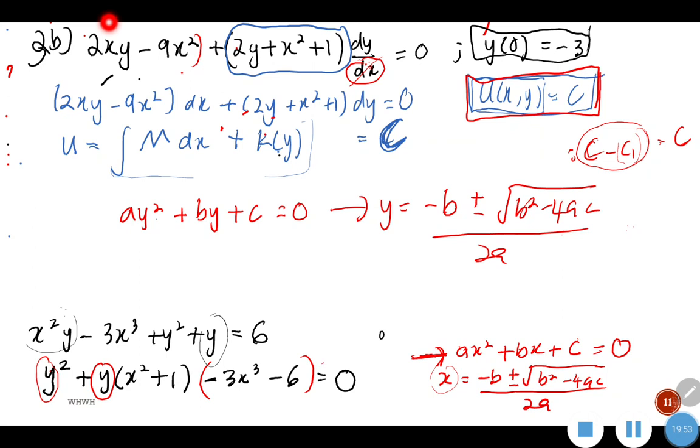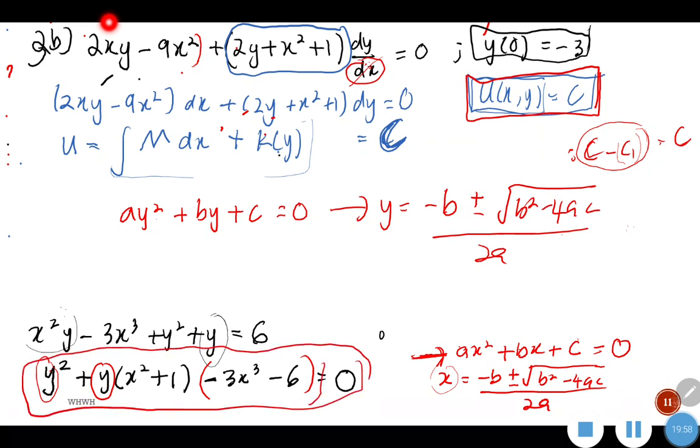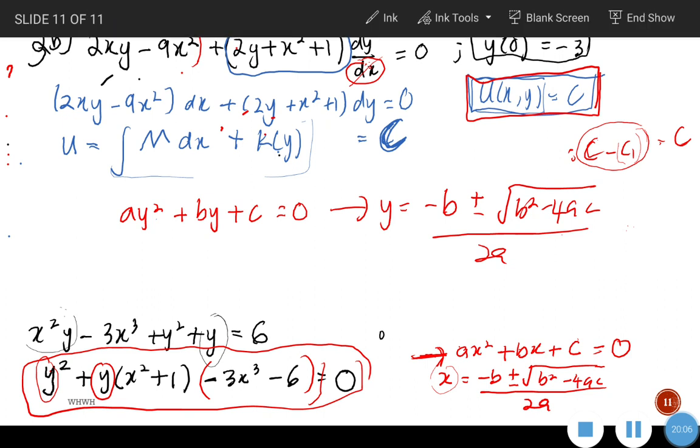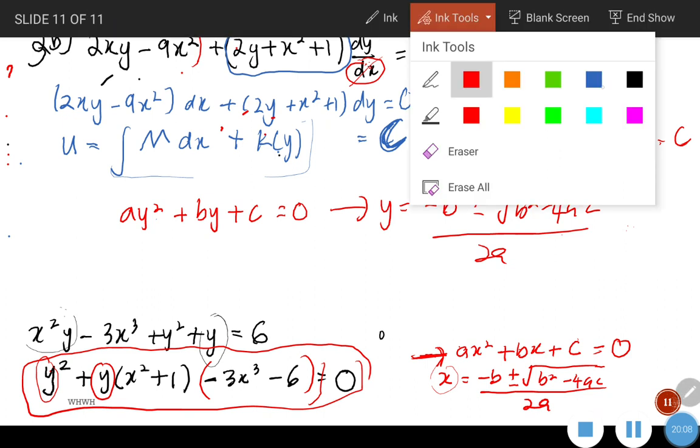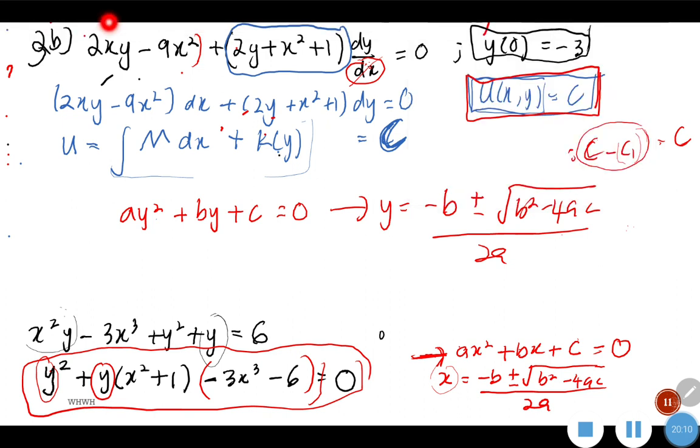So from this equation class, okay, you need to identify what is your a, b, and c. Okay, so let's try to put it in a proper dalam bentuk exactly sama dengan equation yang ni.